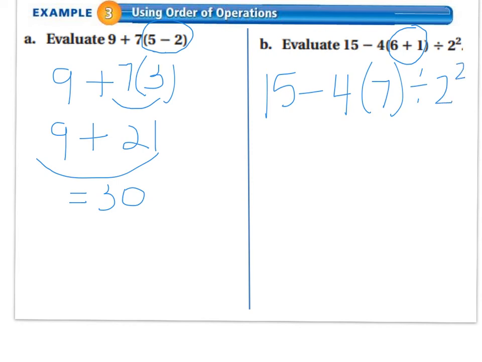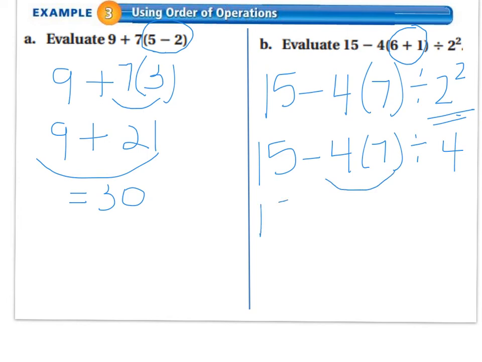Please excuse. Excuse is exponents. Right here, 2 squared. Again, rewriting the expression, I would have 15 minus 4 times 7 divided by 4. Please excuse my, multiply. This is the multiplication. Multiply and divide from left to right.